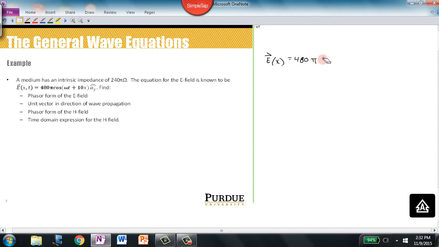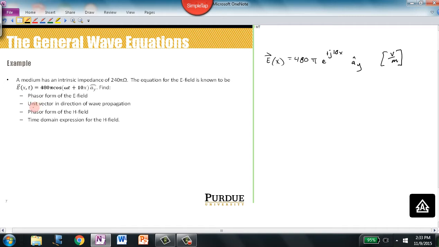We get rid of the cosine. e to the plus j 10x, and it still points in the y direction. So that gives us the phasor form of the E field. Very simple. Measured in volts per meter. Remember, going to phasor form doesn't change the units.